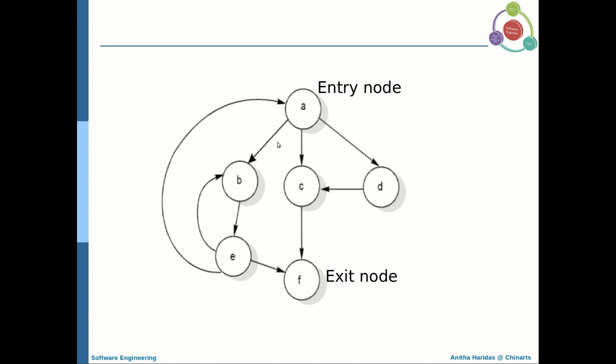You have 1, 2, 3, 4, 5, 6, 7, 8 and 9. 9 edges and 6 vertices or nodes. How many connected components do you have? There is only one connected component. All these nodes are connected together, so the component count is only one.